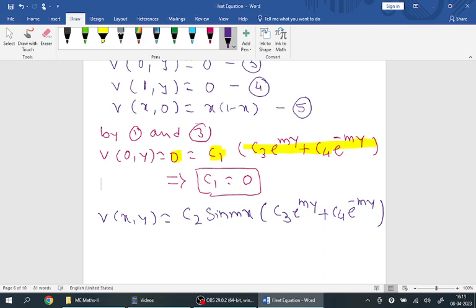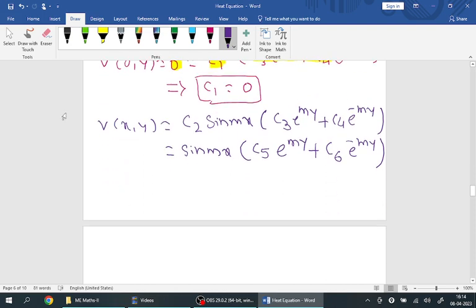So we get inside the bracket, with sin mx, c2 c3 which I am taking as c5, e raised to my plus c2 c4 as c6, e raised to minus my. Now we have v of x,y as a general temperature at a point x,y, where c5 is c2 c3, and c6 is c2 c4. If you want, you can write that down also.